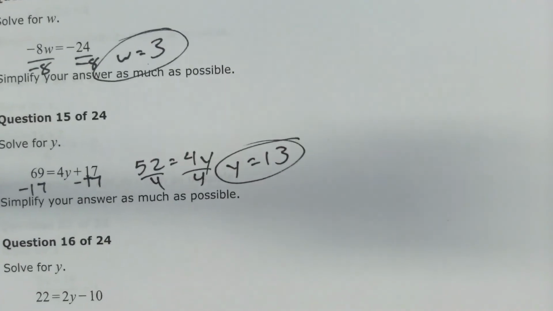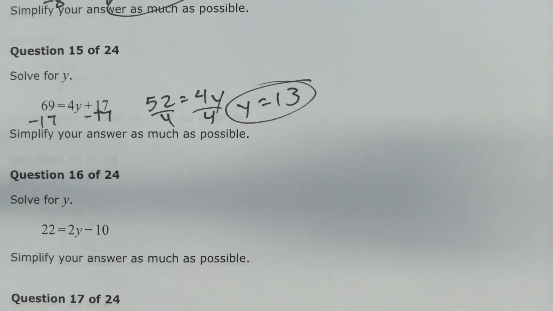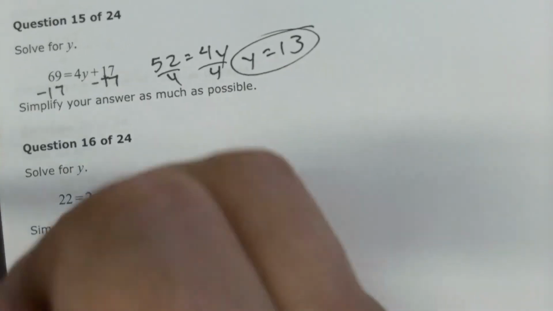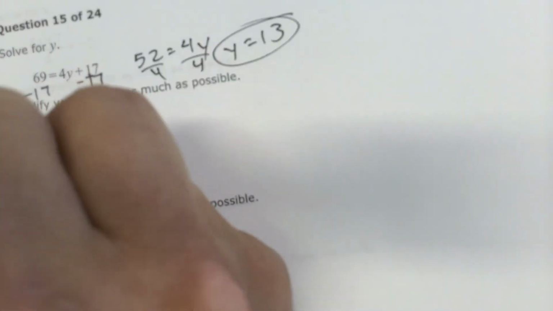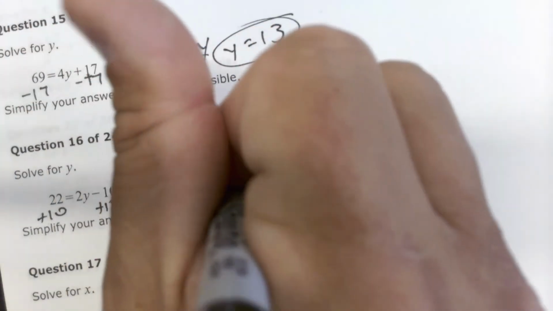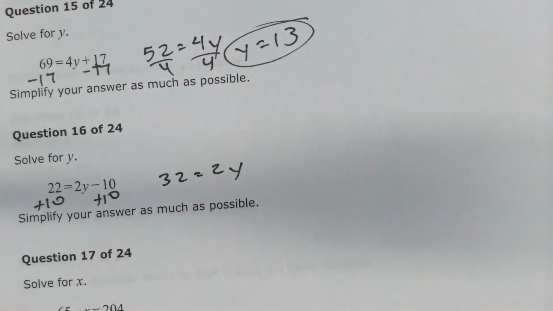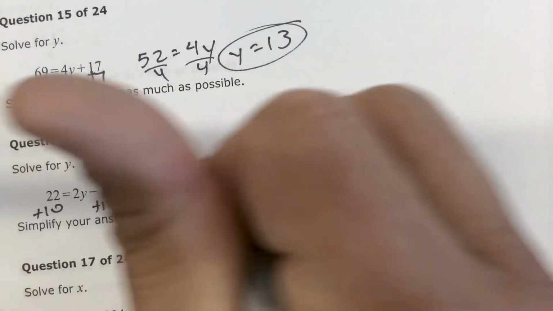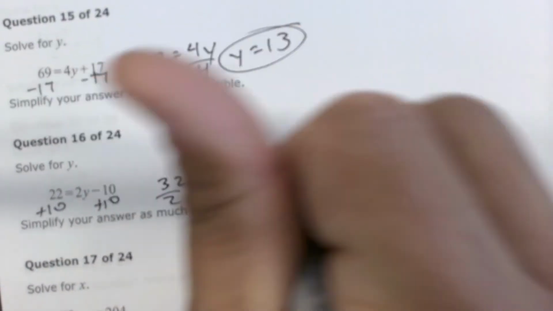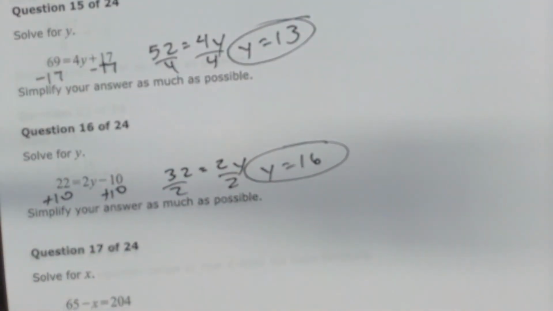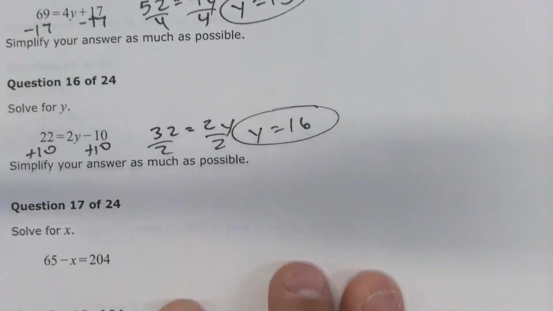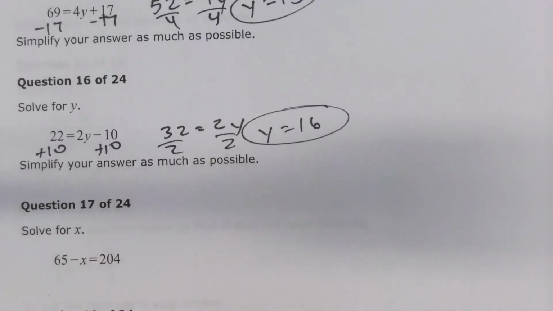Okay? Randy, how do I do number 16? Okay. So we get 32 equals 2y. Now what? All right. What's the answer? Nice. All right, here we go. A little bit harder.